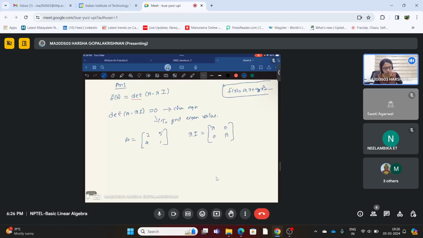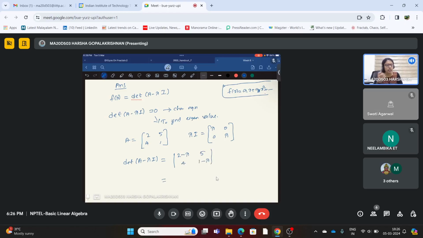So what we need to find is the determinant of the matrix A minus lambda I. So it will be the determinant of 2 minus lambda, 5, 4, 1 minus lambda.